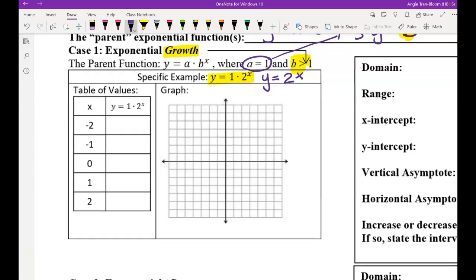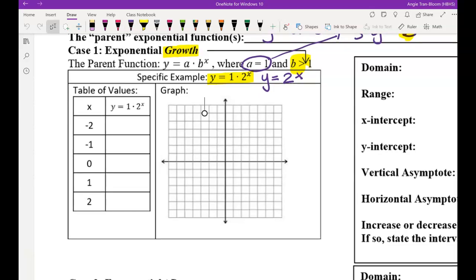And I have a table here that we can just fill in. Remember, 1 times anything is itself. So 2 to the negative 2 equals 1 over 4. Then 2 to the negative 1 equals 1/2. 2 to the 0 is going to be 1. 2 to the 1 is going to be 2. And 2 to the second will give us 4.